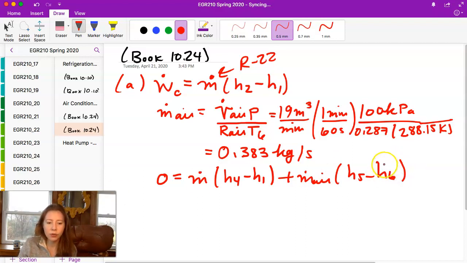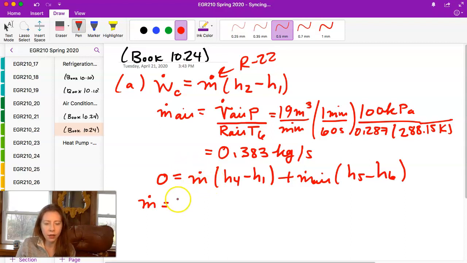And so we need to look up H5 and H6 in the tables for the given temperatures of air for 22 degrees Celsius. So remember to convert it to Kelvin first. And for 15 degrees Celsius. We could also use the CV or the CP in the tables as well for some in between.